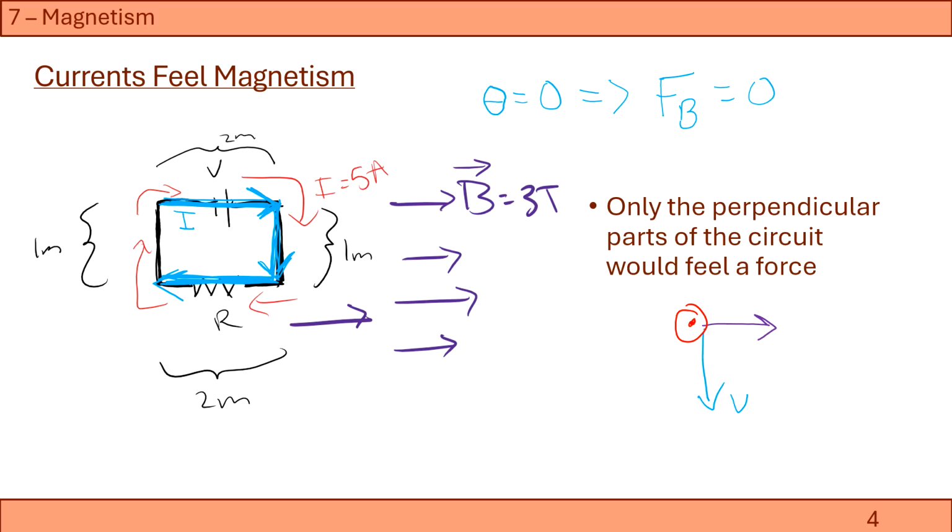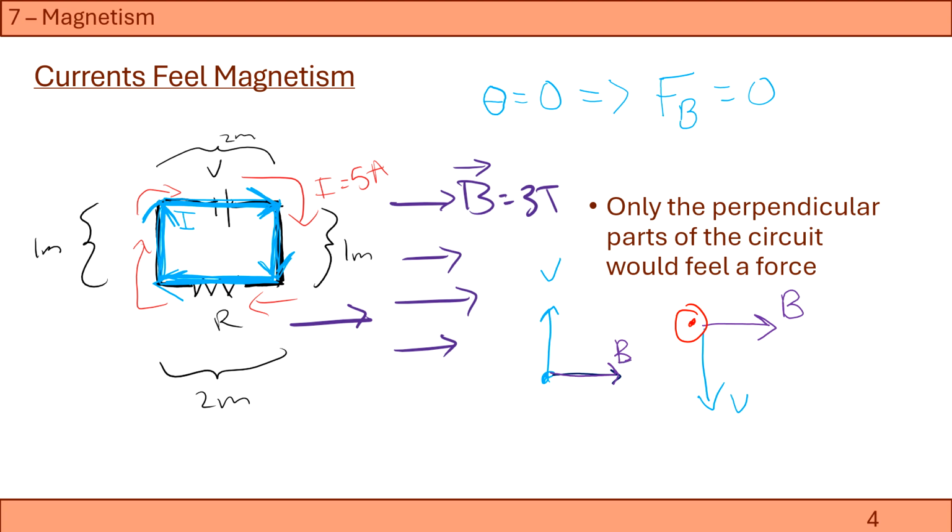We can do the same analysis over on the left side, but you really don't need to. You can already conclude we're flipping one of these arrows, so we're going to have to flip the other one. But anyways, if you have an upwards velocity and a rightwards magnetic field, so this is my velocity and this is my B. Once again, put your thumb in the direction of the velocity, that's up.